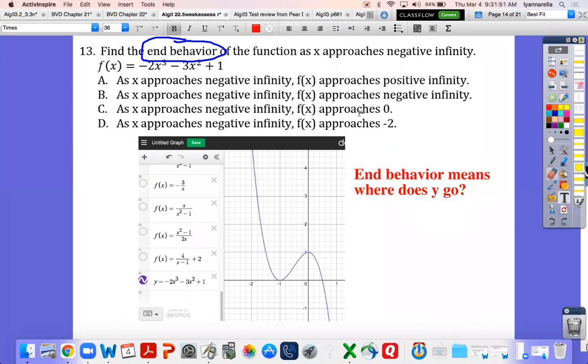Okay, and you can see it because of the answers. They're telling you f of x or y.